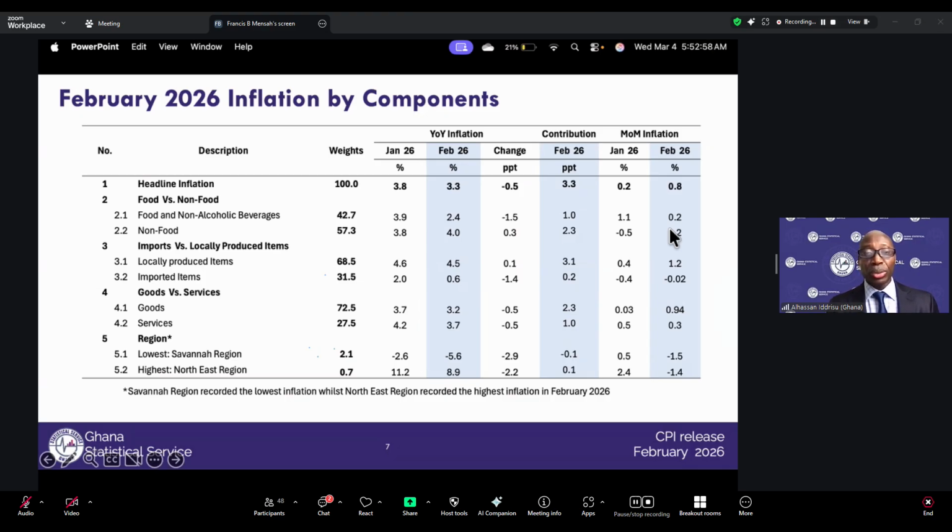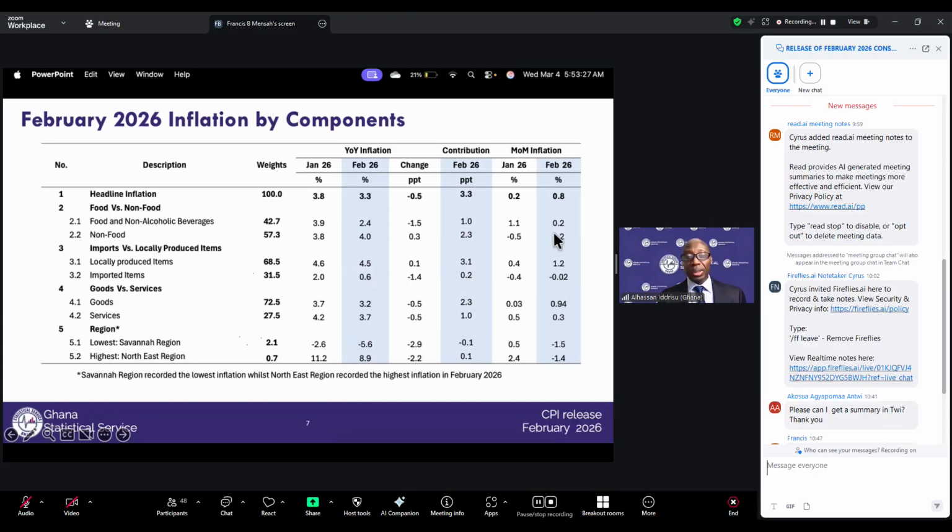If you take the macro side, depending upon the fiscal stance, the monetary policy stance you're operating, and how you are managing your exchange rates, they would all influence the movement in inflation. On the real sector side, policies affecting food prices and food production would definitely affect price movements.